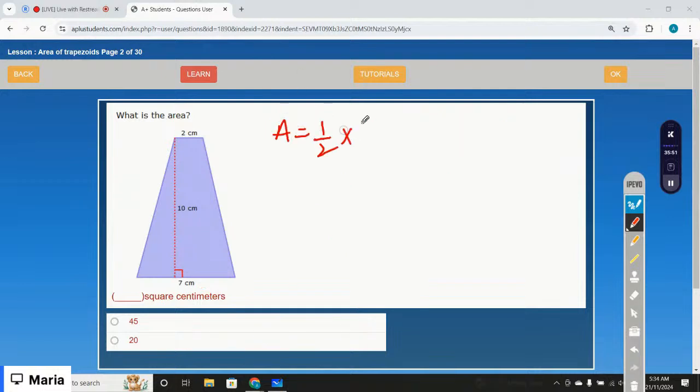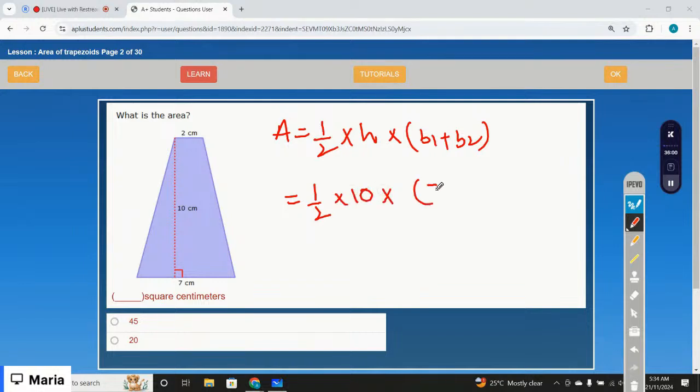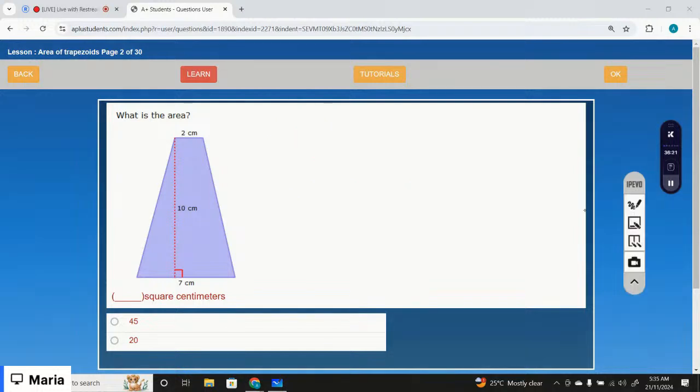That is half times height times, you need to add both the bases, right? 1 by 2 times 10 times 7 plus 2. 90 divided by 2 is 45. The correct option is 45 square centimeter. Option number 1 is the correct option.